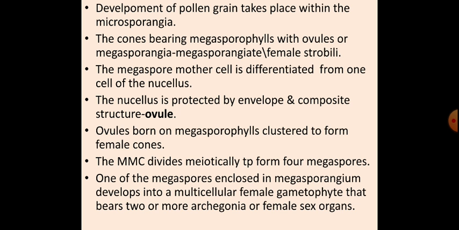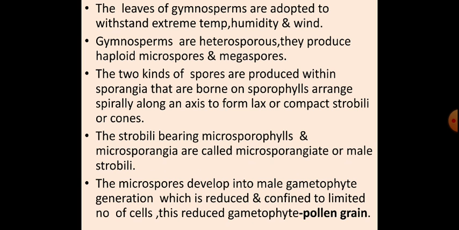Now, how is ovule produced? I hope you understood. Sporophyte will develop into sporangia. Sporangia will develop into sporophyll. Sporophyll will develop into strobili and cones. The strobili will contain microsporophyll.